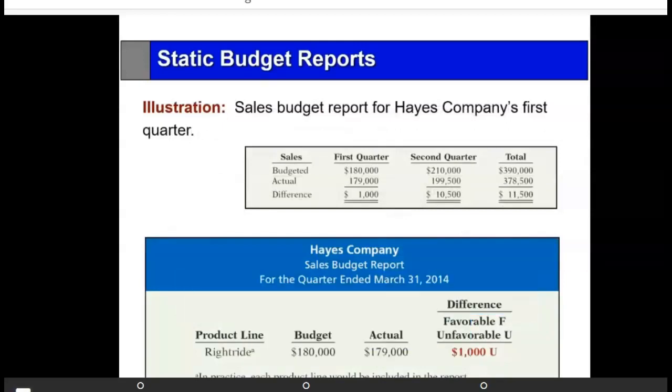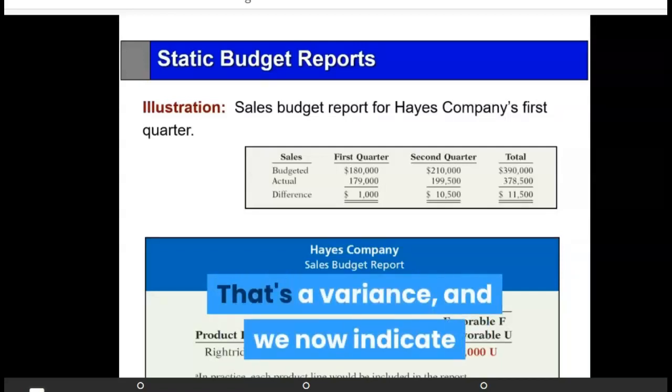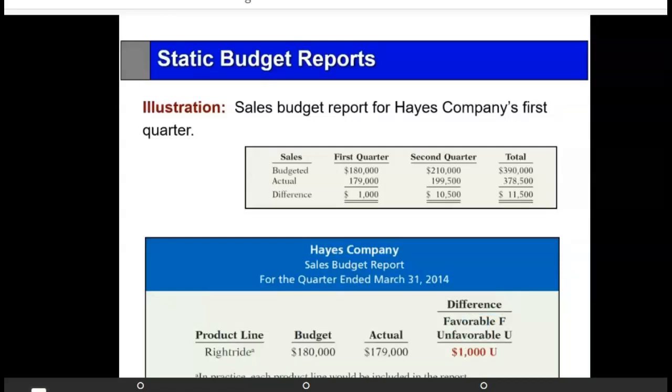So in the language of management now, the sales report for Hayes Company by product line shows the budget and the actual, and the difference between the budget and the actual, $1,000. That's a variance, and we now indicate if that variance is favorable or unfavorable.